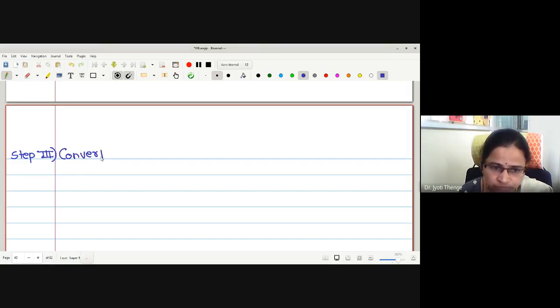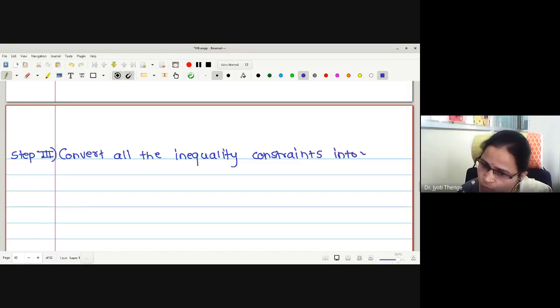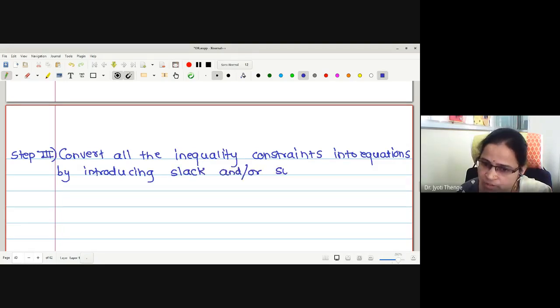Convert all the inequality constraints into equations by introducing slack or surplus variables in the constraints.